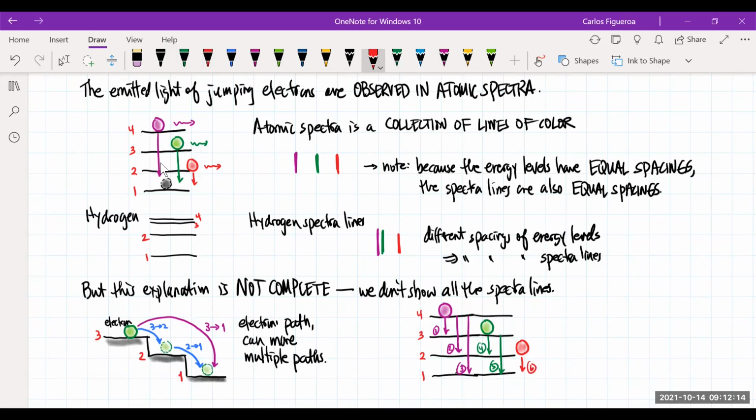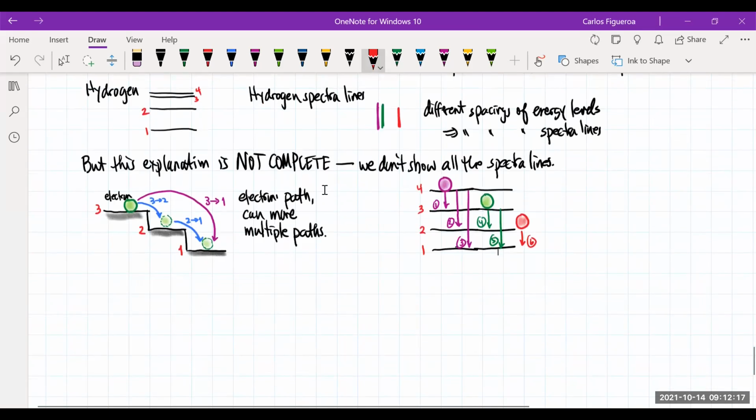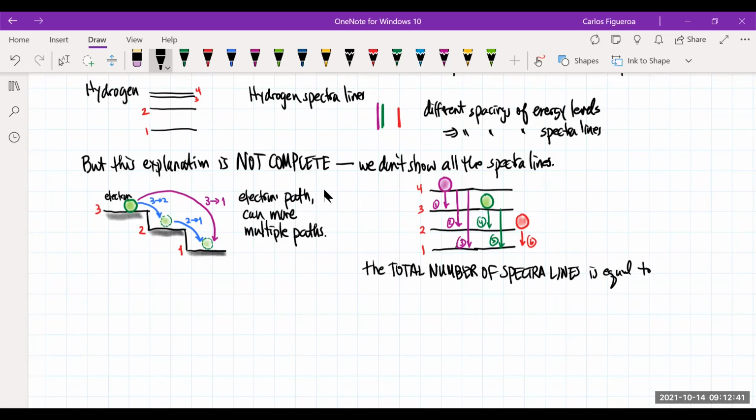So what we're seeing here is that the total number of spectral lines is equal to all possible jumps. So if I look at this, it's not 3 lines.